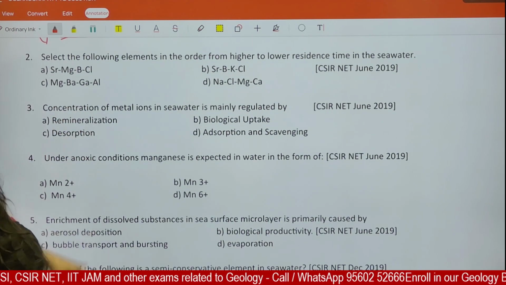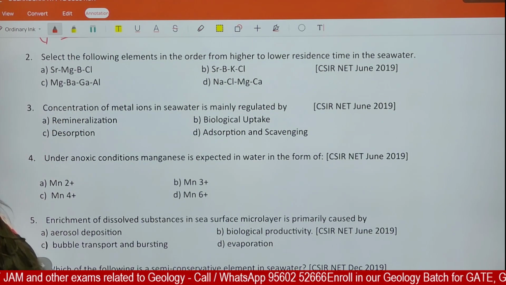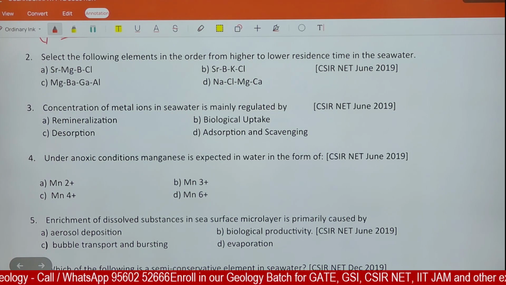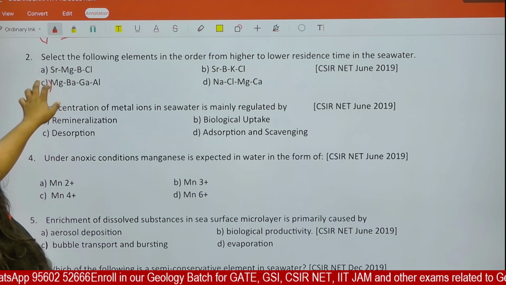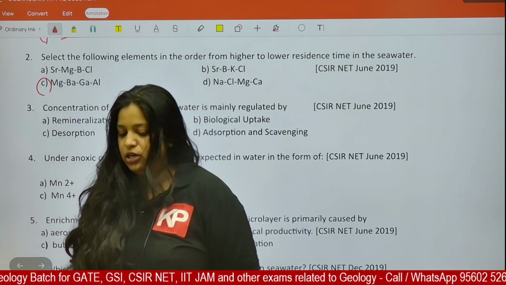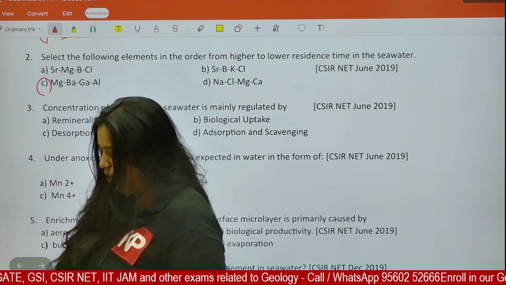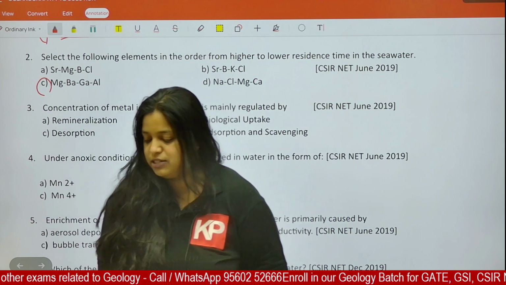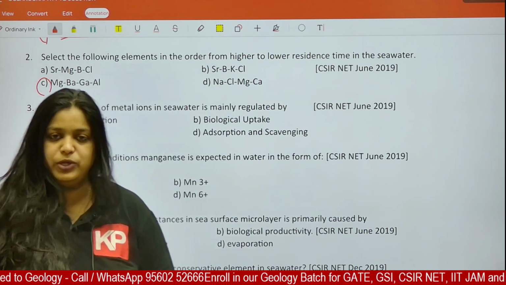Now, select the following elements in the order from higher to lower residence time in the seawater. Answer will be this one. This residence time is a very important term. Residence time of different elements in the atmosphere, residence time of different elements in seawater, these terms are very important.